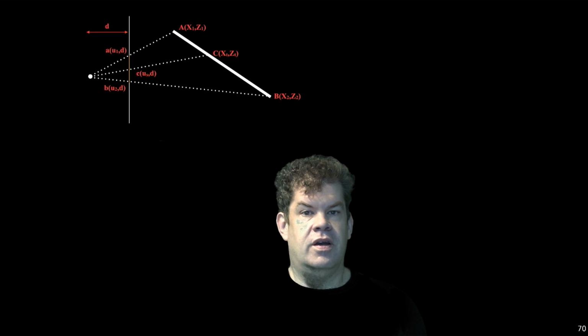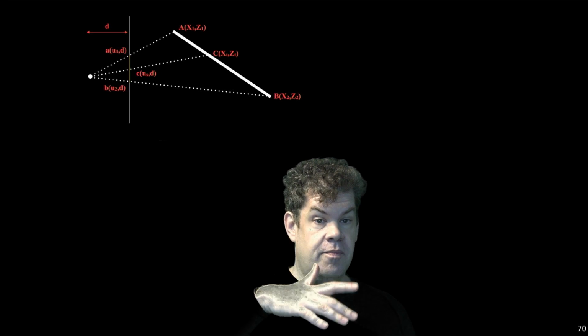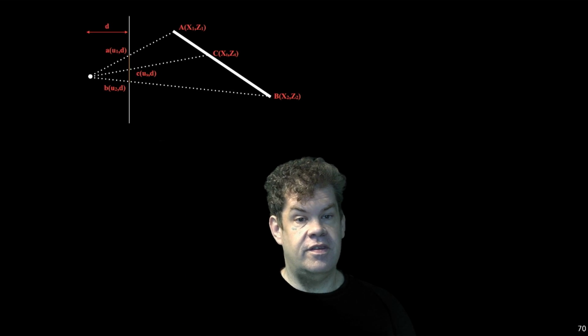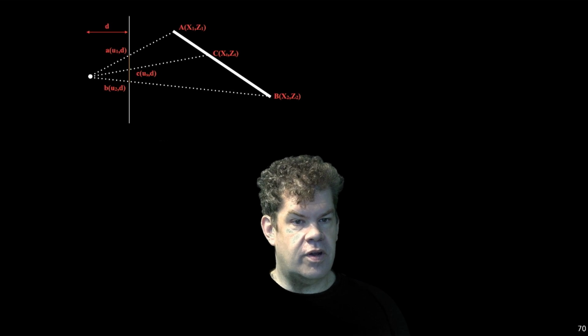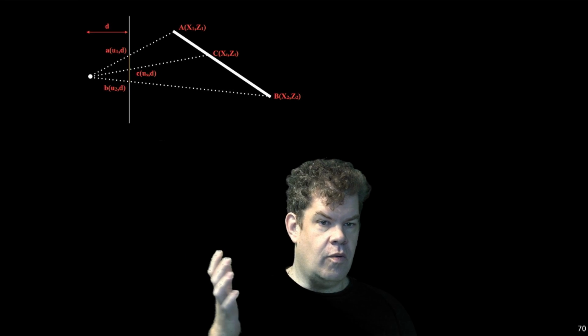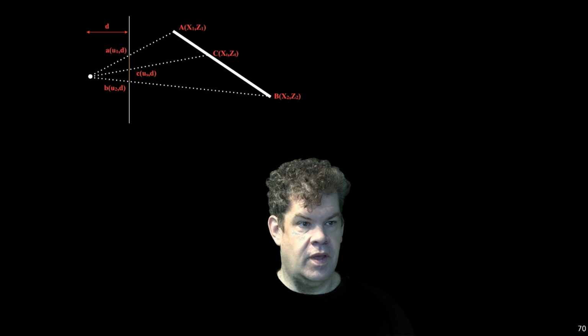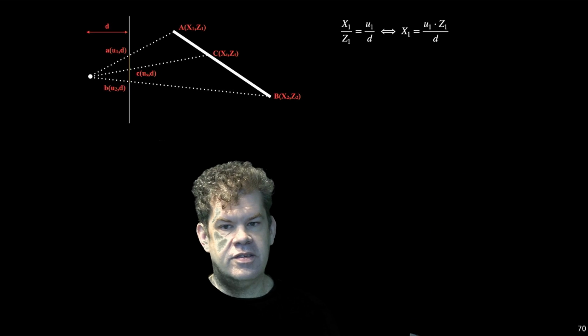For our coordinates in actual 3D space, we can do something similar. We've got uppercase A, B, and C this time, and they also have Z coordinates and certain X, up-down coordinates. Now let's apply this intercept theorem.